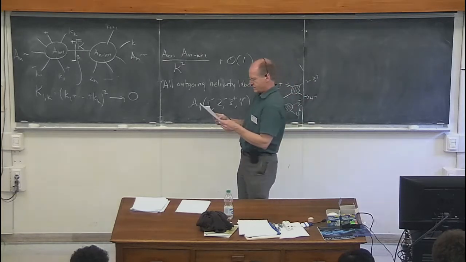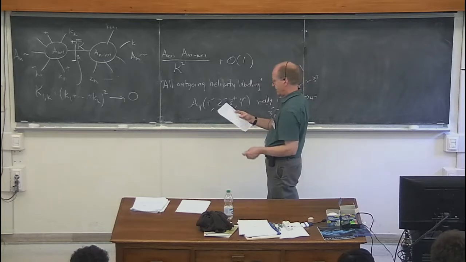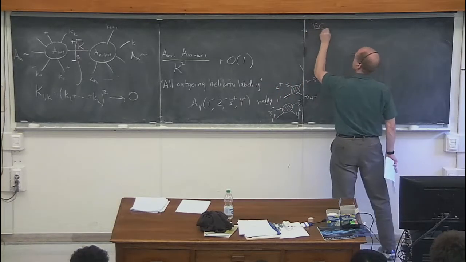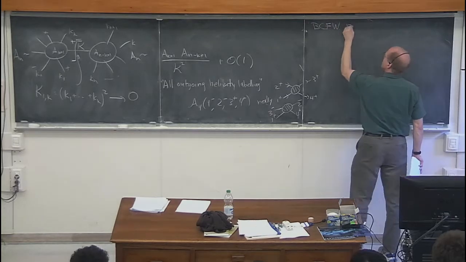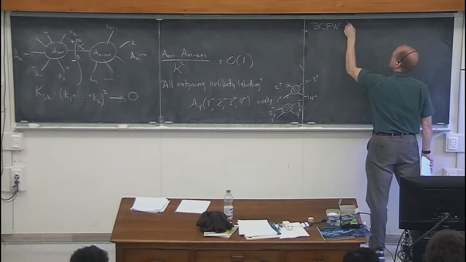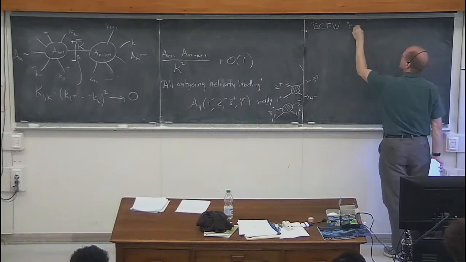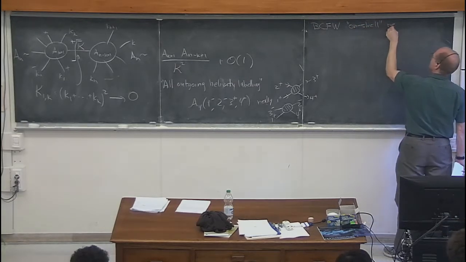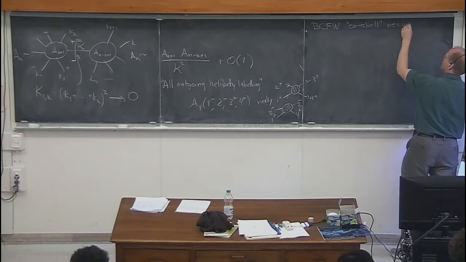Okay, so now we're going to do the BCFW recursion relation. It's called an on-shell recursion relation because it only requires lower point on-shell amplitudes.